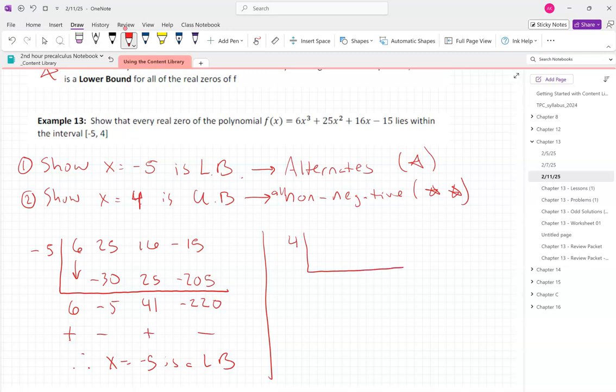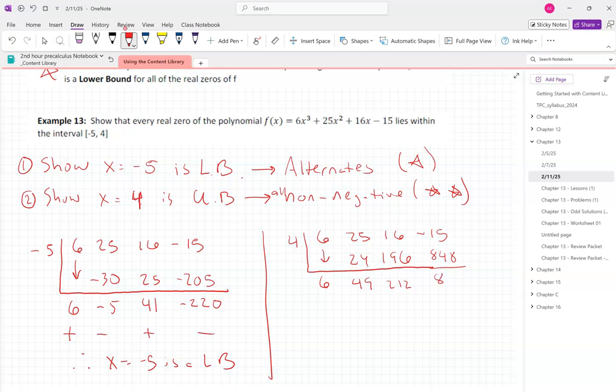Do the same thing for +4. 212, and that's going to be 848.